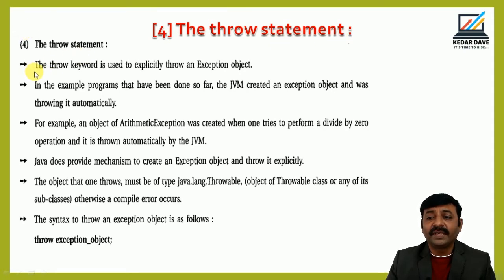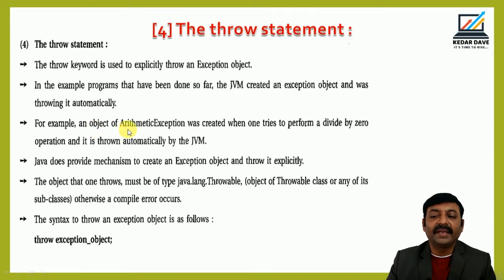So what is in the throw statement? We use three keywords, that is try, catch, and finally. And the throw keyword is used to explicitly throw exception objects. In the programs we have done so far, the Java virtual machine created an exception object and threw it automatically.